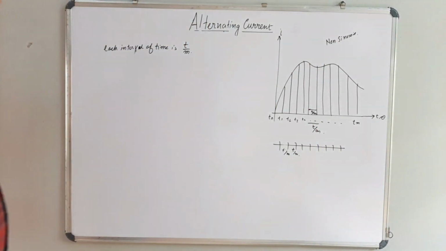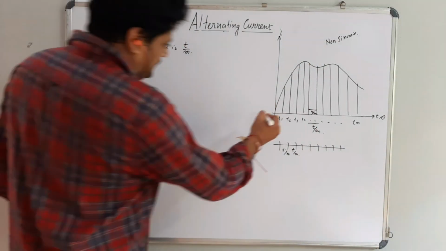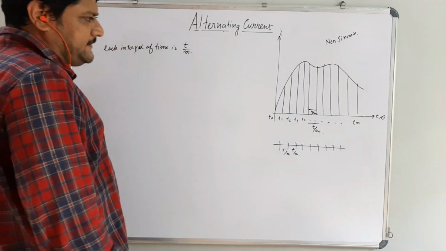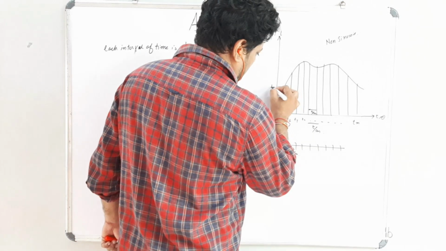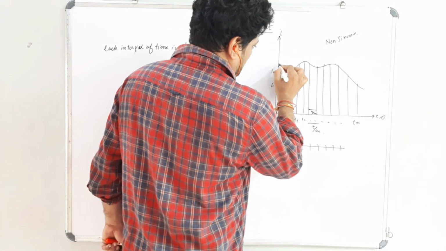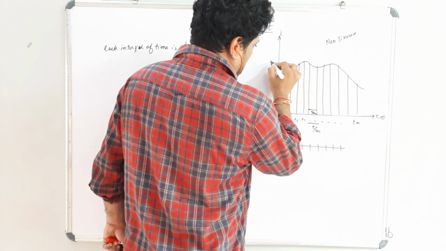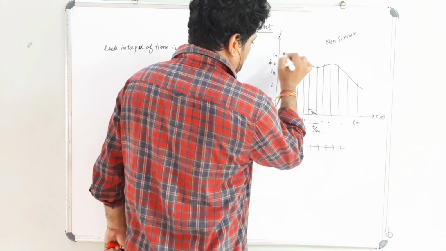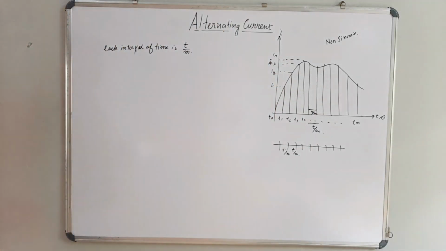Now the instantaneous current at t1 is I1, at t2 is I2, at t3 is I3, at t4 is I4, like this. So you can get each and every instant of time.